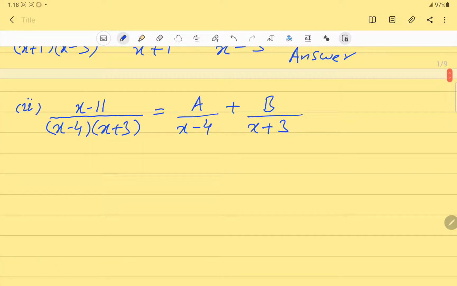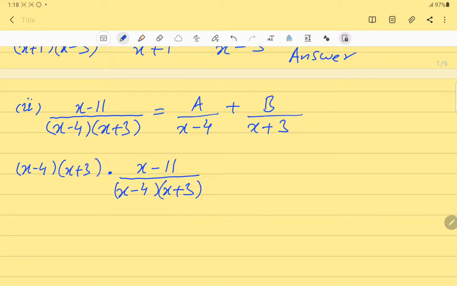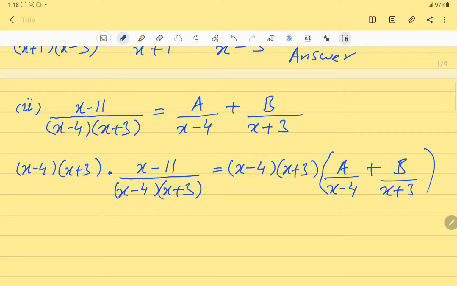We multiply both sides by (x - 4)(x + 3). (x - 4)(x + 3) into (x - 11) over (x - 4)(x + 3) is equal to (x - 4)(x + 3) multiplied by a over x minus 4 plus b over x plus 3.